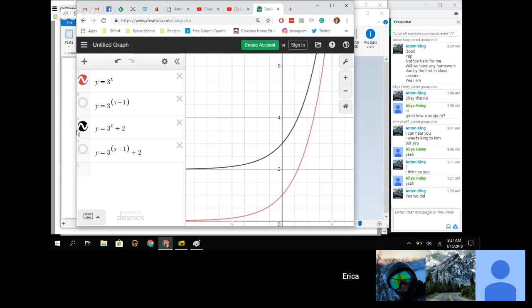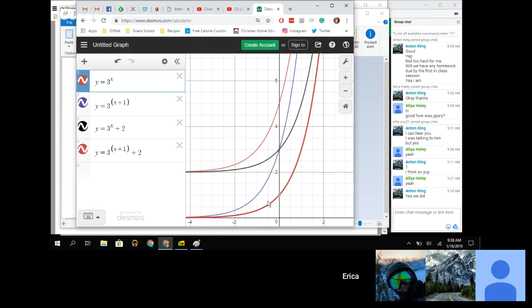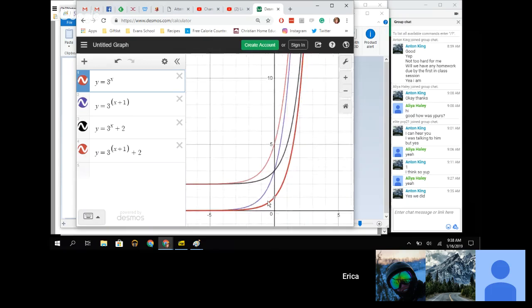Okay, so then this is a combination of the two. What this equation is, we've shifted our original red curve to the left by 1, and we've shifted it up by 2. So if you take this spot here, our good old 0, 1, we've shifted it to the left by 1, and if I make my scale a little smaller, it's easier to see.